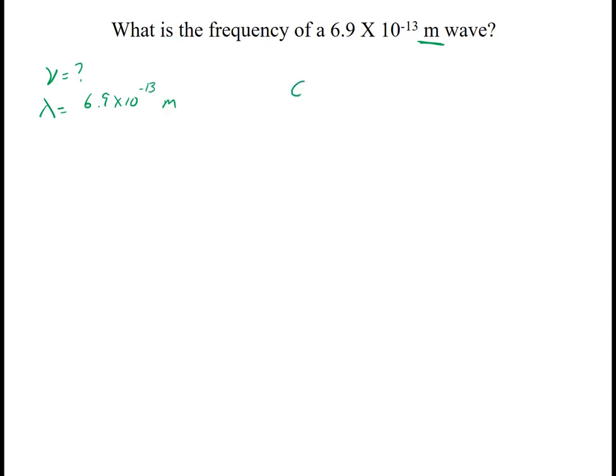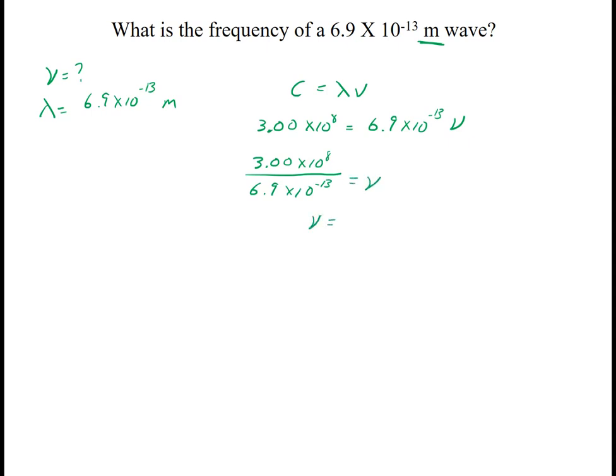So again, it's going to be c is equal to lambda nu, or 3.0 times 10 to the 8th is 6.9 times 10 to the minus 13th nu. I'm going to divide by the 6.9, so 3.00 times 10 to the 8th divided by 6.9 times 10 to the minus 13th is nu.